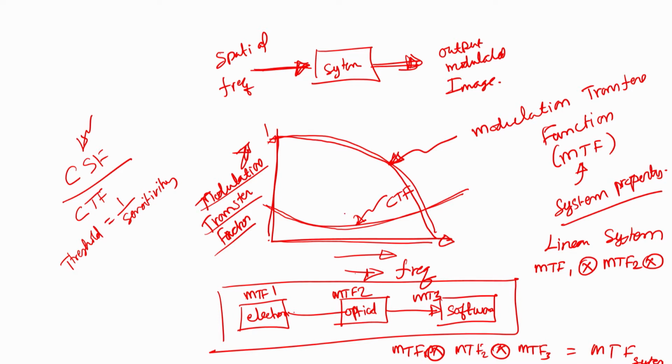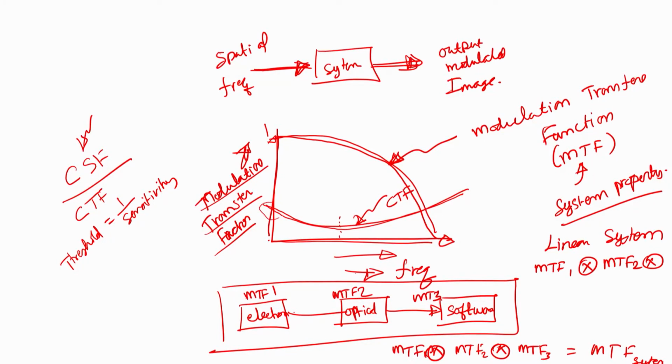As we have seen in the CSF, there is a frequency at which it needs the least threshold. At the lower frequency it needs a higher threshold. Similarly, as we increase the frequency it needs a higher threshold as well.